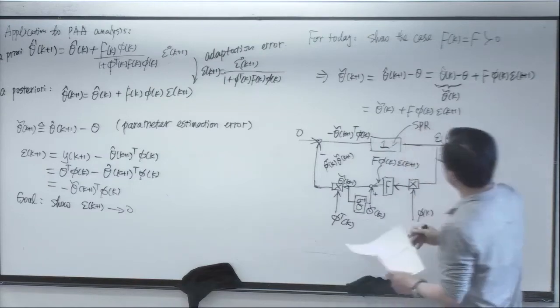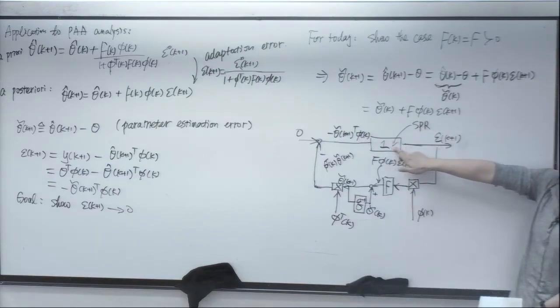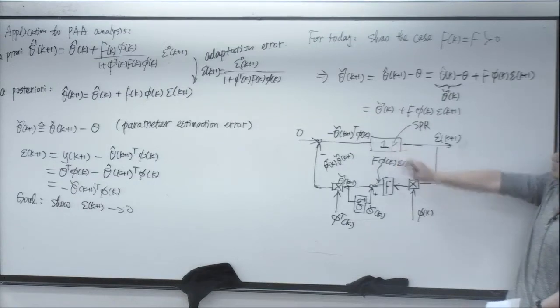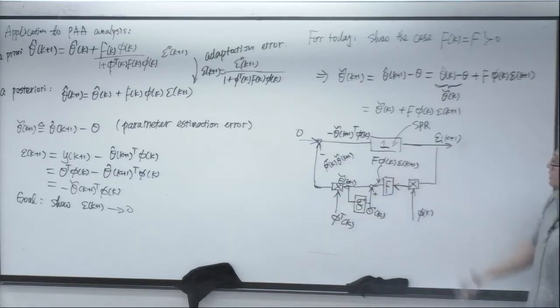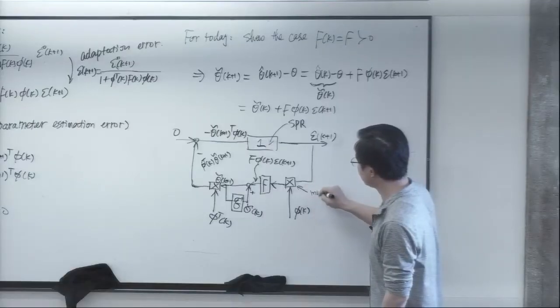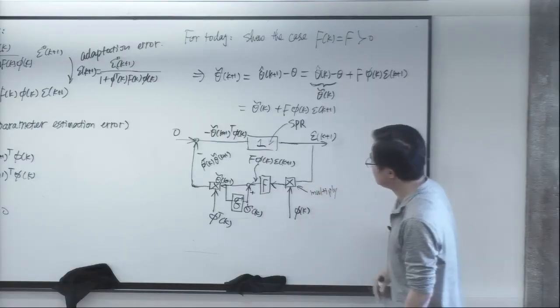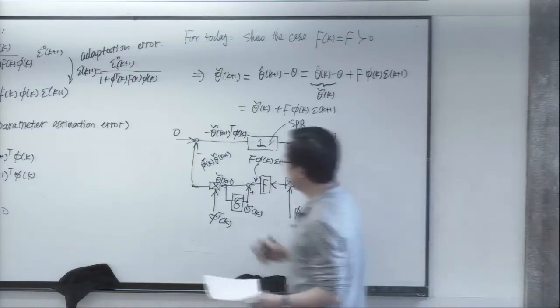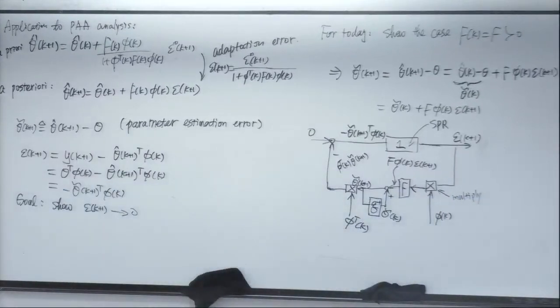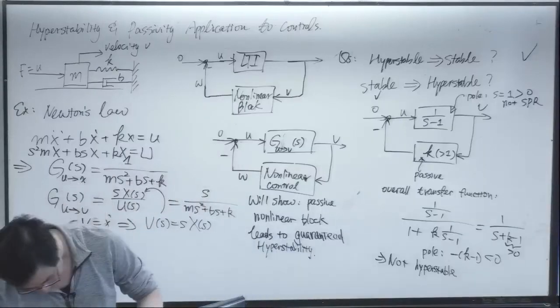Obviously, constant is stable, and we had an example. This is strictly positive real. We just need to show that the bottom side is passive and satisfies the Popov inequality. So let's talk about the Popov inequality. And let's again remind ourselves what are the input to and the output of this block.